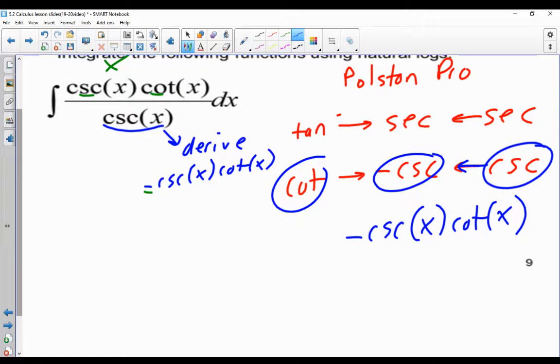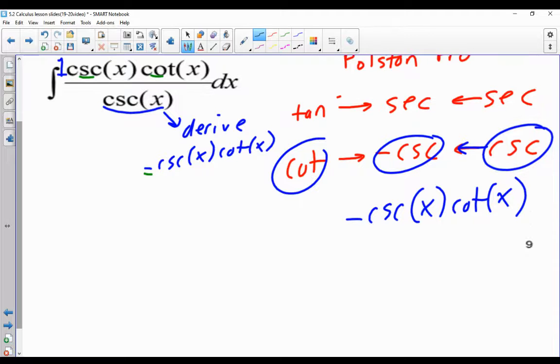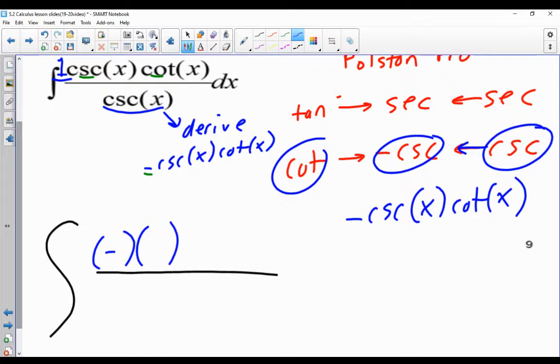Well, let's try something. How about for now, I put the invisible 1 in front. So 1 times cosecant times cotangent, which really doesn't change anything. It's still cosecant cotangent. But now, what if I take this 1 and rewrite it as the multiplication of 2 negative 1s?